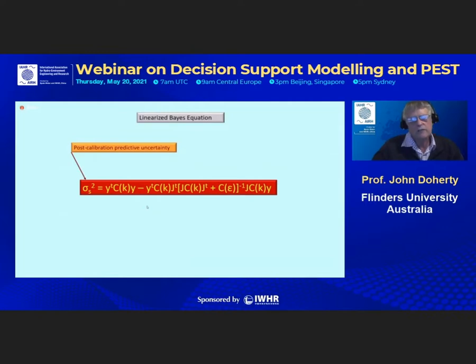Or we can go even further than that. So this beautiful matrix equation that's now on your screen is actually Bayes' equation in a linear world. There's our Jacobian matrix. These other matrices are covariance matrices. So if we're doing sensitivity analysis, we're living in a linear world.